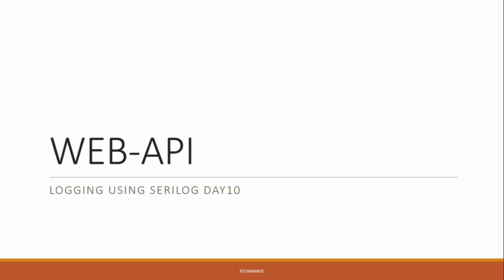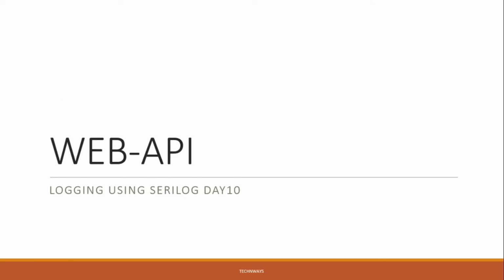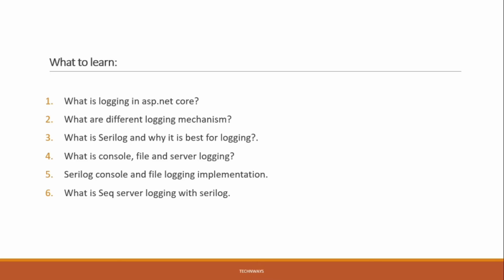I understood that you guys have already understood what logging is. So what are we going to learn in this video? What is logging, and what are the different types of logging mechanisms. We are going to implement Serilog here.